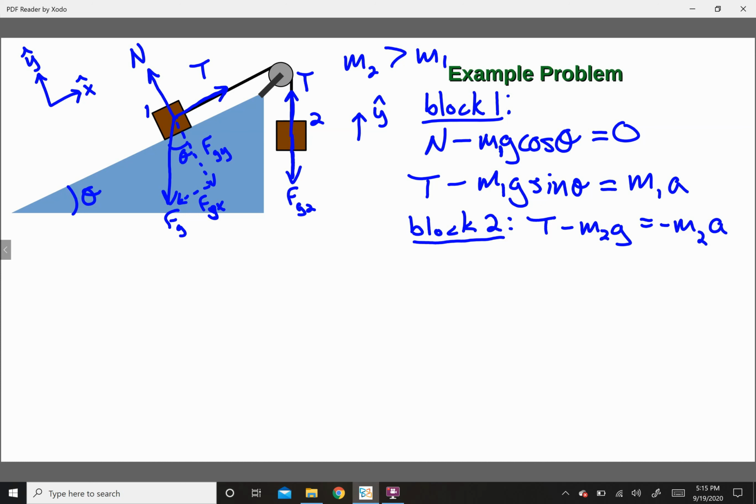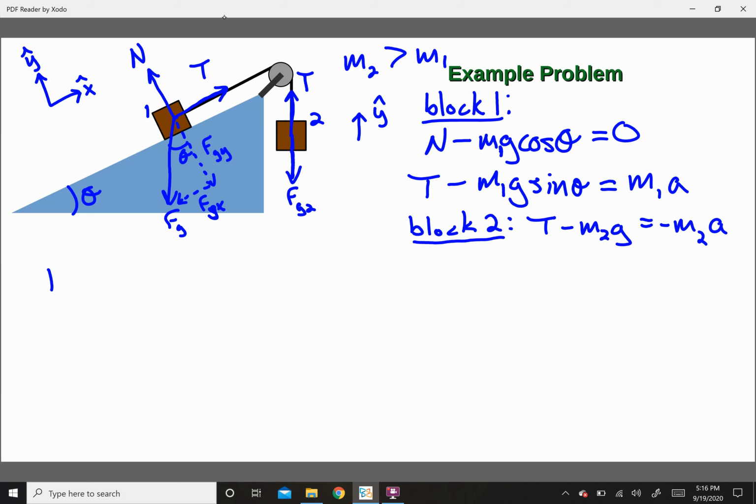And with this problem, I should recognize that tension is going to follow Newton's third law, okay? This tension is an interaction between block 1 and block 2. Block 2 pulls on block 1, and block 1 pulls on block 2. So this tension is an interaction, and it must have just one magnitude. So the tension on block 2 must be exactly the same as the tension on block 1.